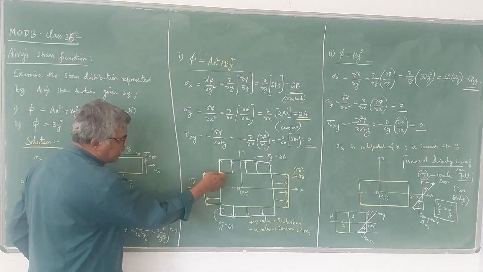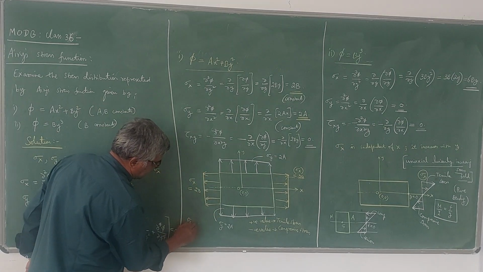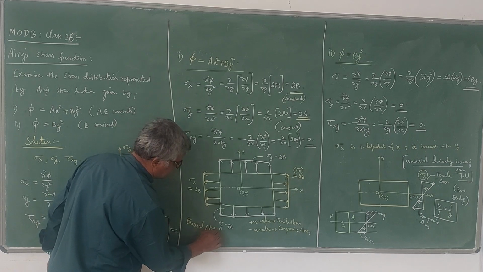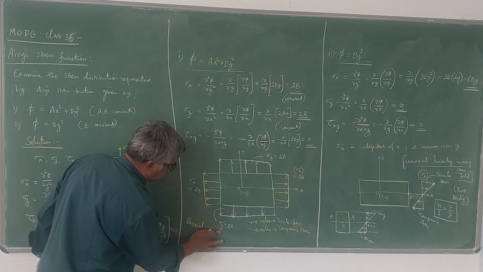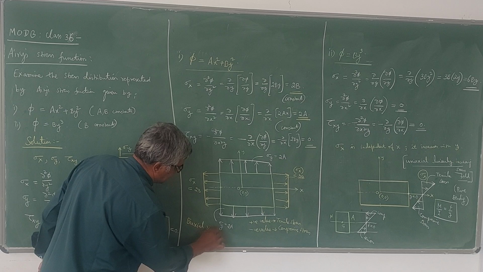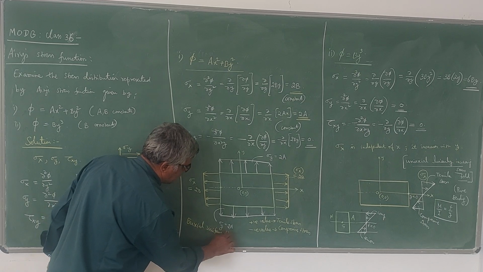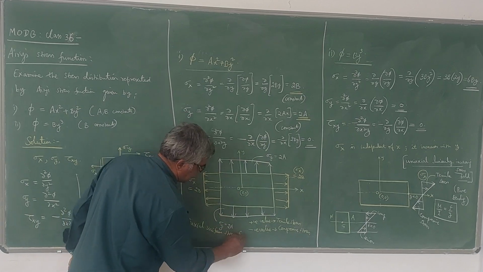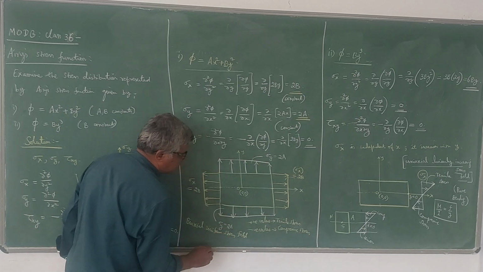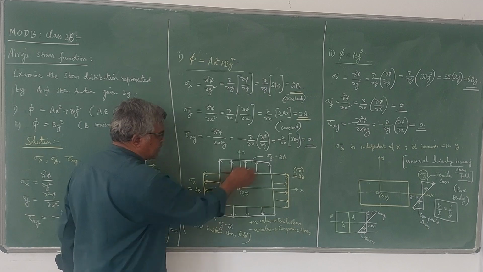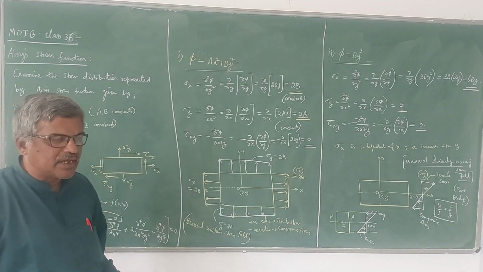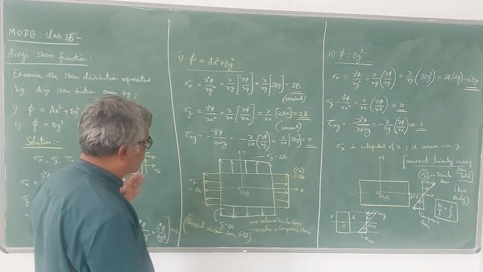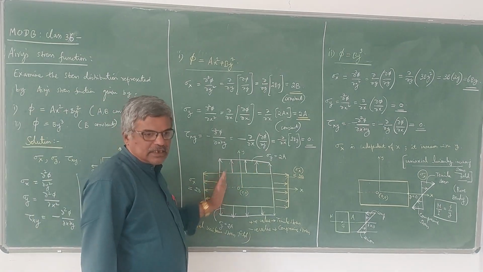So you can name this as a biaxial uniform stress field, because sigma x is constant, sigma y is also constant. Biaxial uniform stress field, of course, the shear stress is 0. In some cases, depending on the function, you can have a shear stress component also. Then you have to plot the shear stress component also.